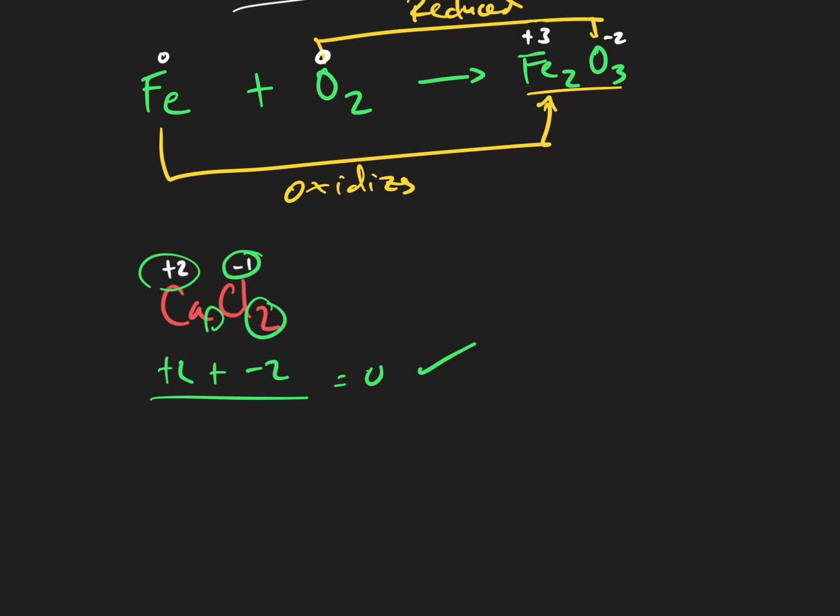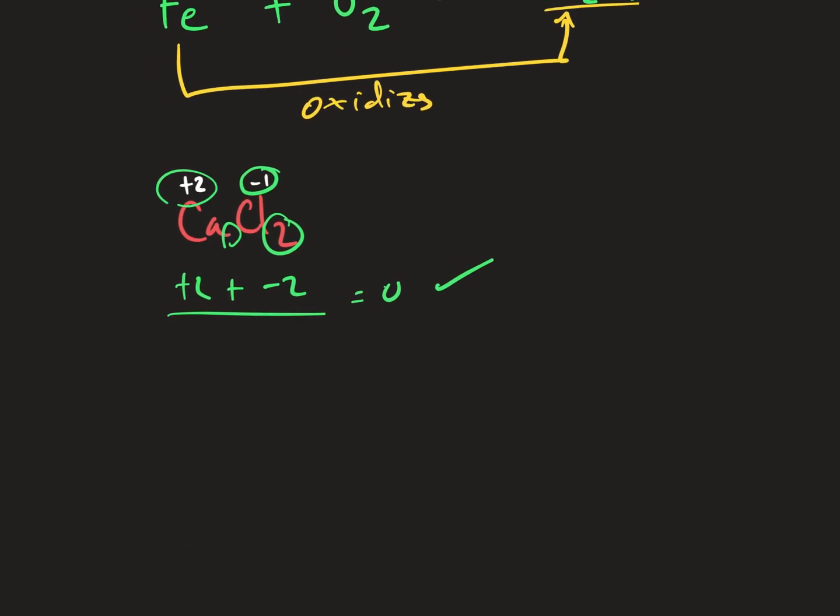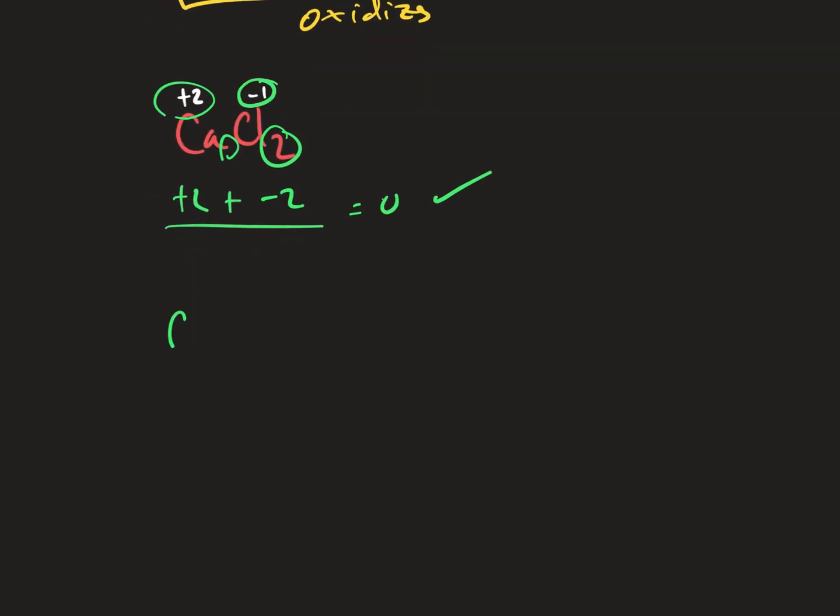Should we try a harder one? Maybe a covalent compound? So we got carbonate, CO3 2 minus. Is this a covalent compound or ionic compound? This was on the test, last test. Is this a covalent compound or an ionic compound?